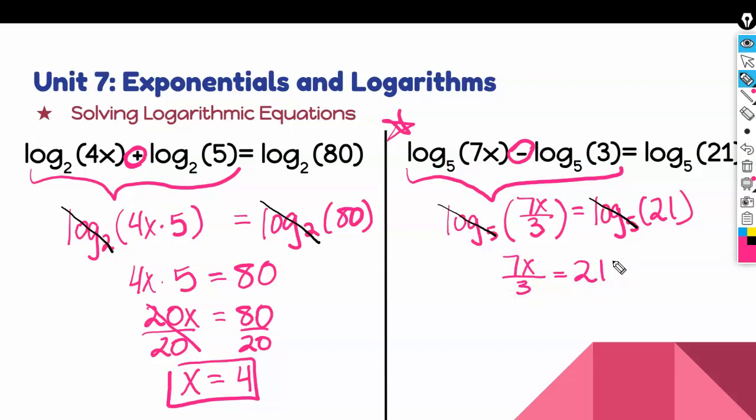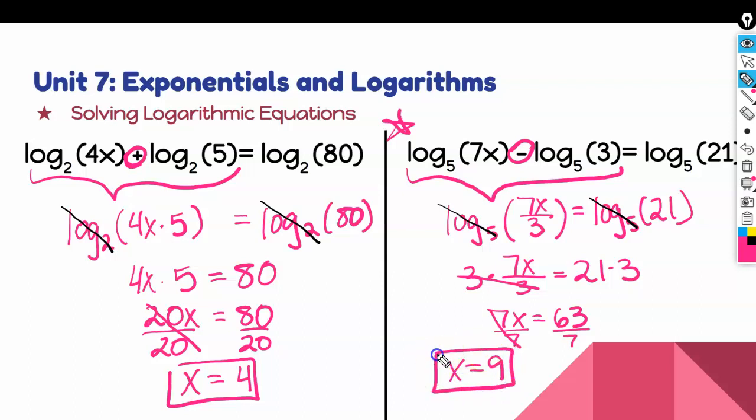I'm solving for x. First, I want to get rid of that fraction, so I multiply by 3 on both sides. I've got 7x equals 63. Finally, divide by 7 on both sides to get x alone. And I get that x equals 9.